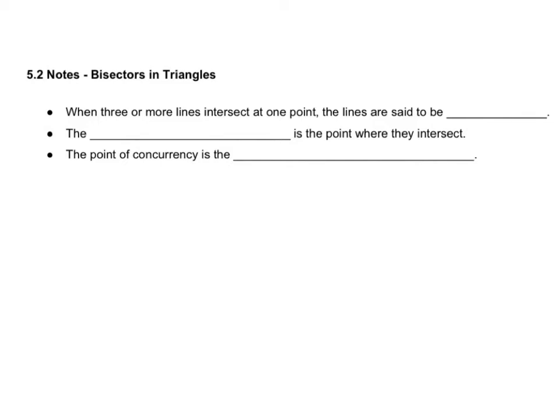So when three or more lines intersect at one point, then the lines are said to be concurrent. All right. And then the point of concurrency is the point where they are intersected.